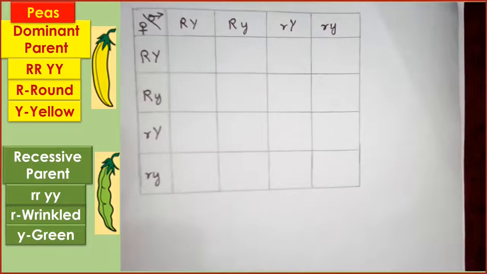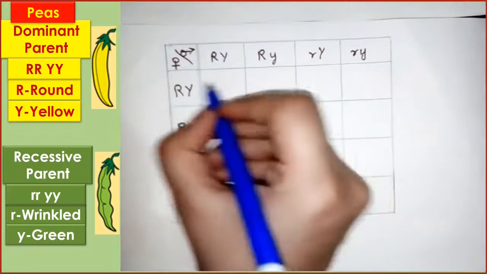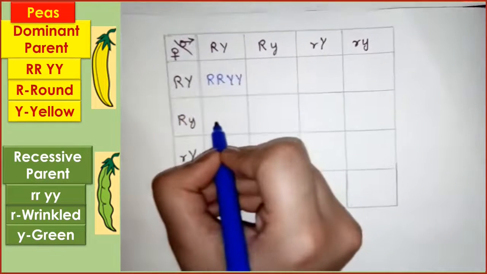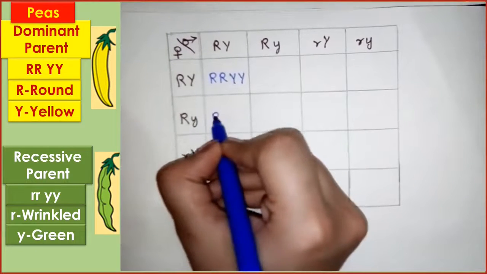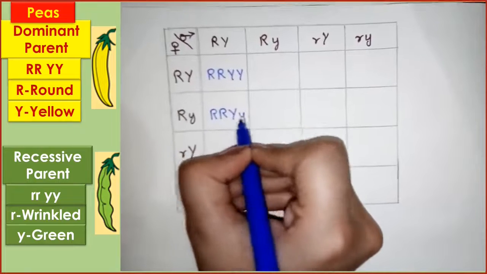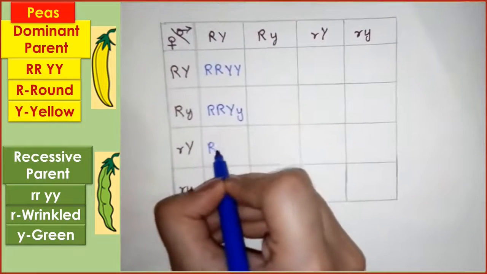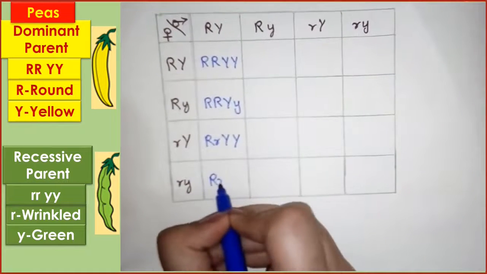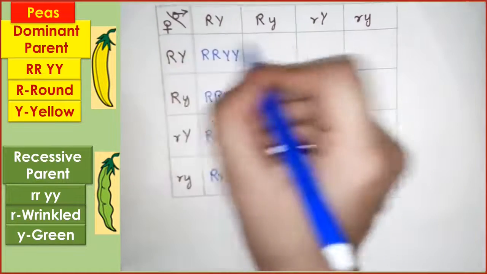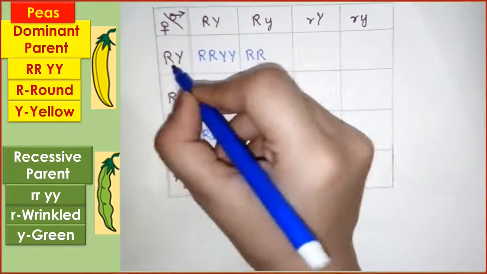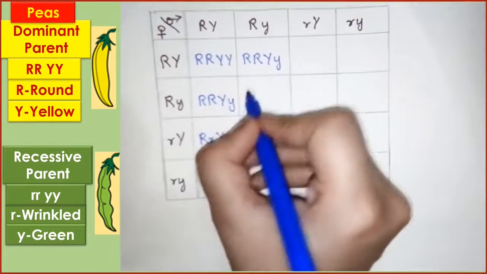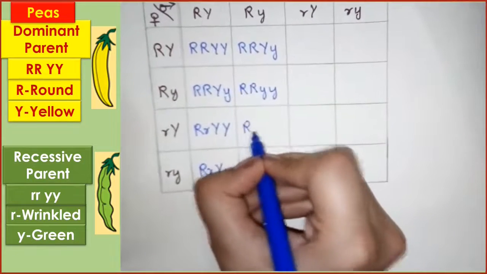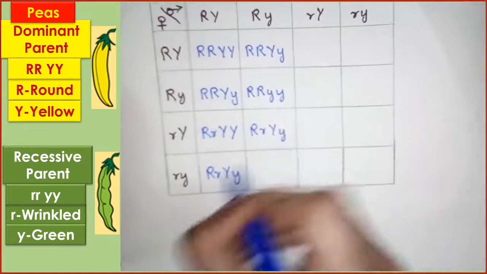Capital R capital Y multiplied by capital R capital Y, capital R small y multiplied by capital R capital Y, capital R small r capital Y capital Y, capital R small r capital Y small y, capital R capital Y small y, capital R small y. I hope it will give you a better understanding of making crosses.